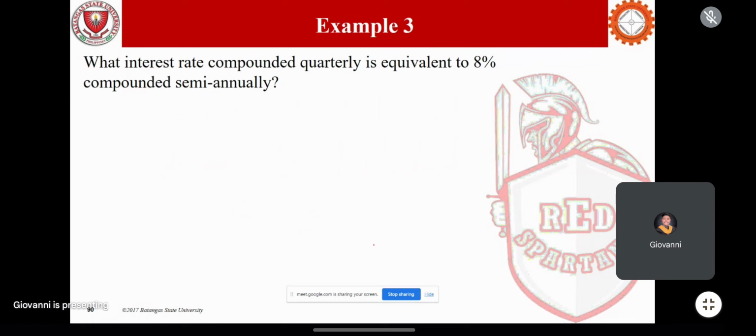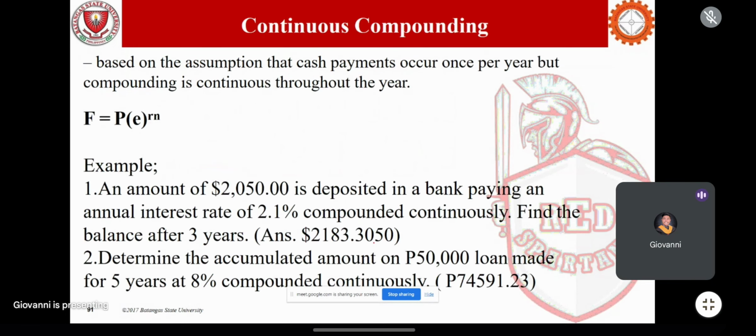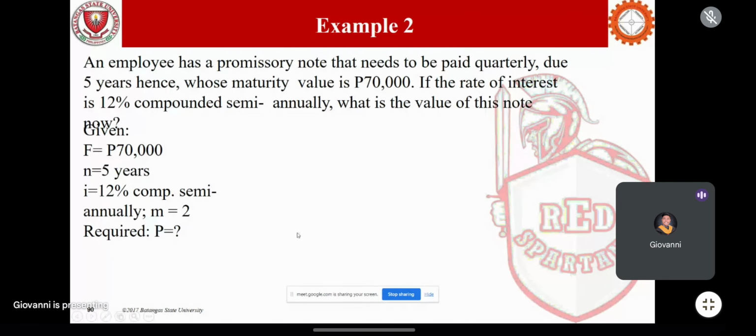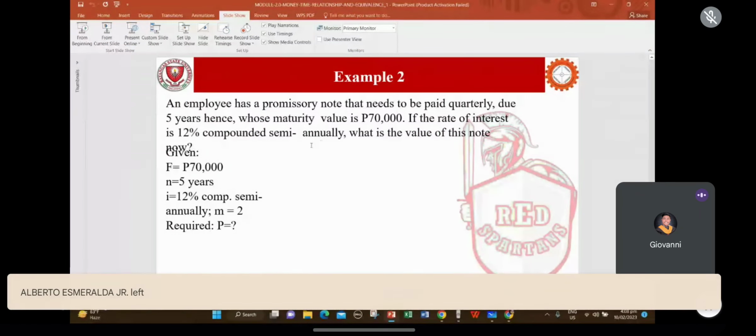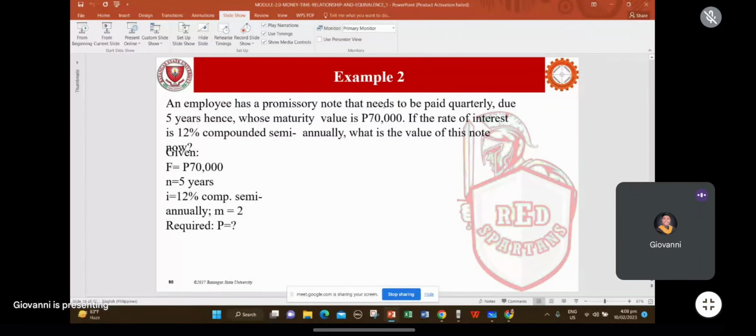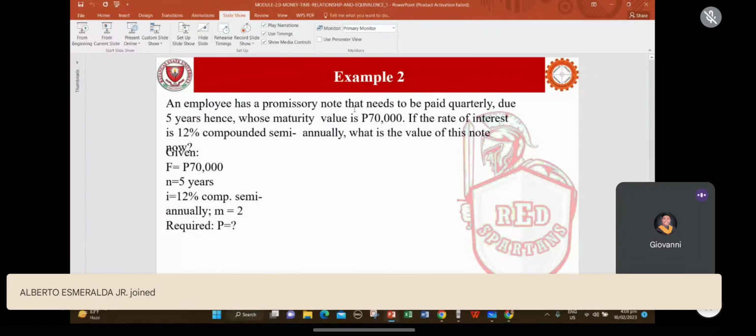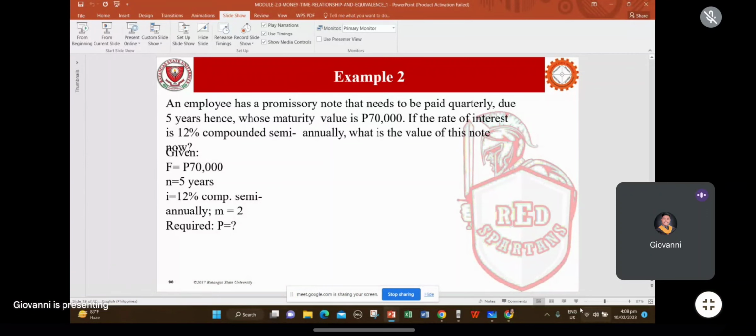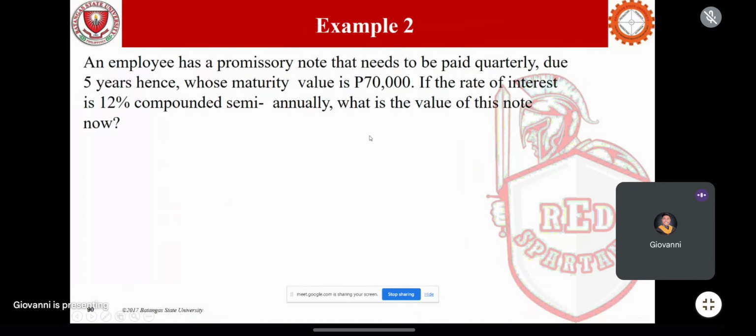Okay. So yun po, yung ginawa natin na yun, sa problem solving kasi natin, mayroong cases na ganyan yung lalabas for computation. So for example, ang sinabi dito, sabi niya, yung promissory note daw needs to be paid quarterly. Pero yung kanyang compounding period ay in terms of semi-annually. So hindi sila nagtugma.